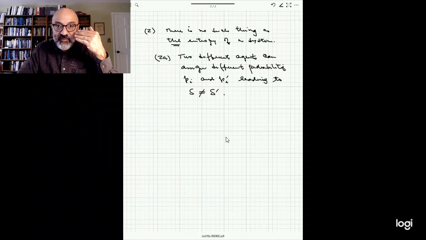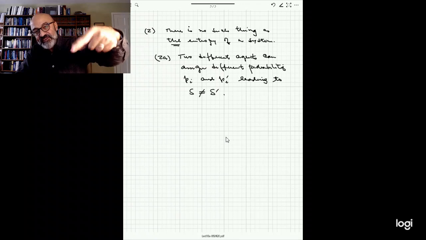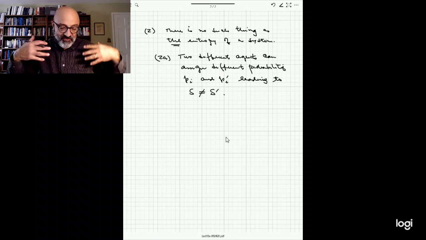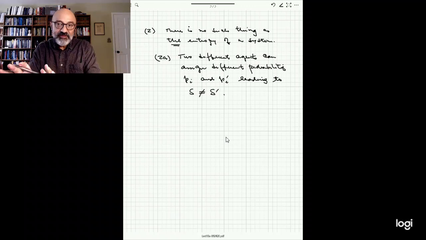So the entropy, just like the probability, is not a property of the system, it is a property of the knowledge, the information the agent has about the system. Very different animals.